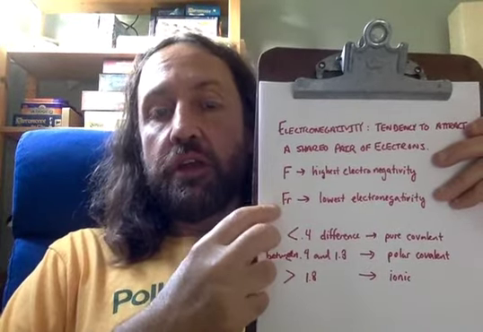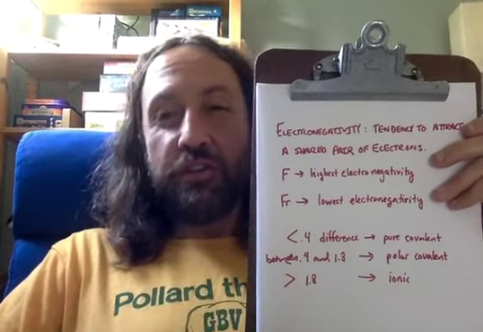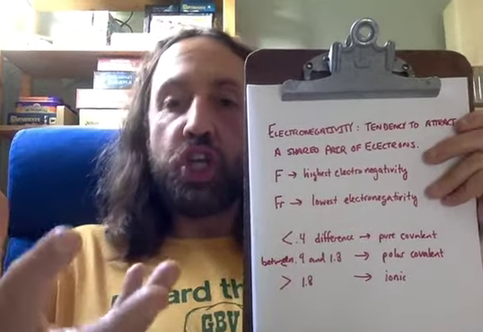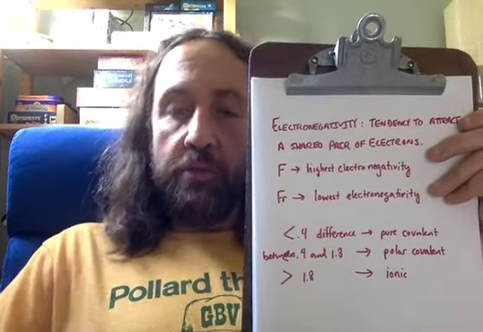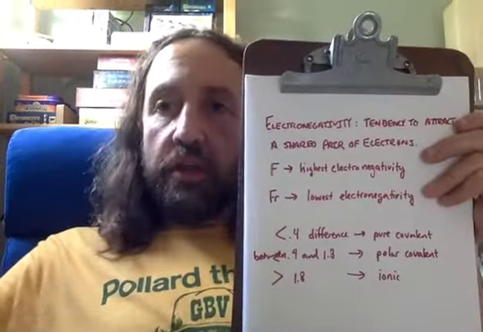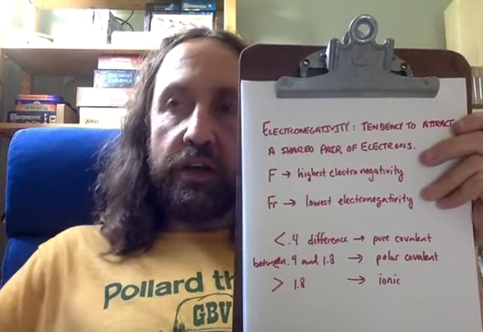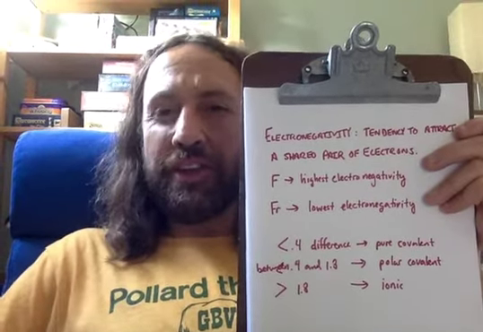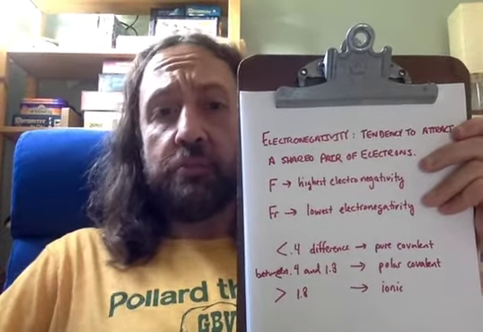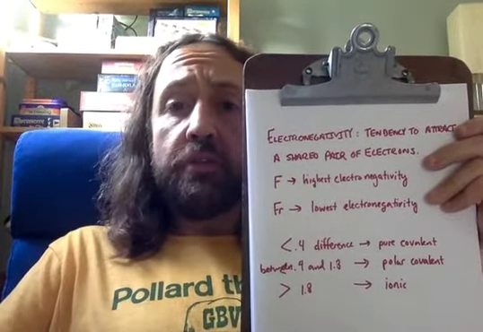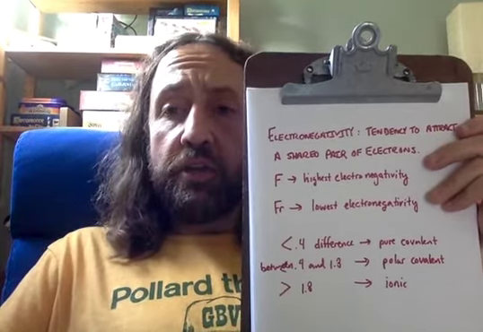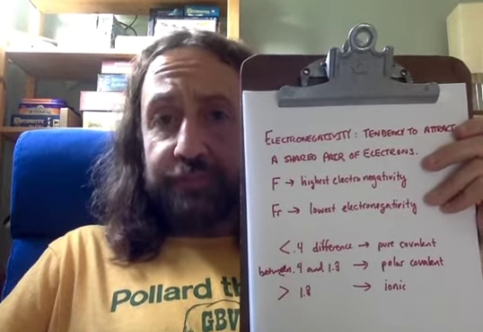And then on the other end of electronegativity is francium. Francium is a big atom, just way out there, and it has that one valence electron. It wants to lose that valence electron, because when francium loses one valence electron, it becomes very happy with its own noble gas configuration.